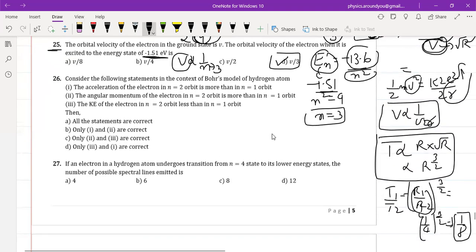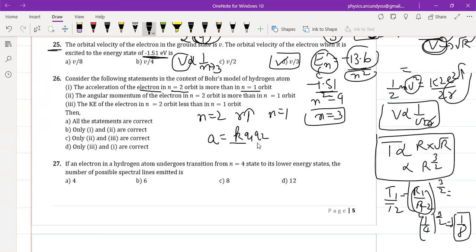26th one, let us check with the first statement. Acceleration of the electron in n equal to 2 is more than in n equal to 1. We know that n equal to 2 has more radius than n equal to 1. What is acceleration? Acceleration is nothing but force by mass. Force is k q1 q2 by r square, the electrostatic force, divided by mass.